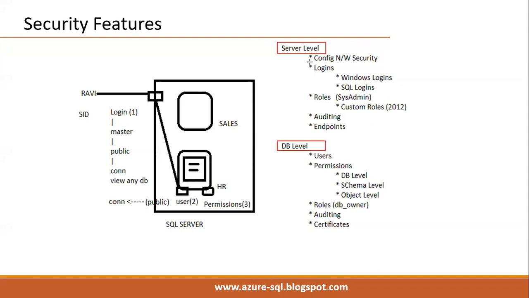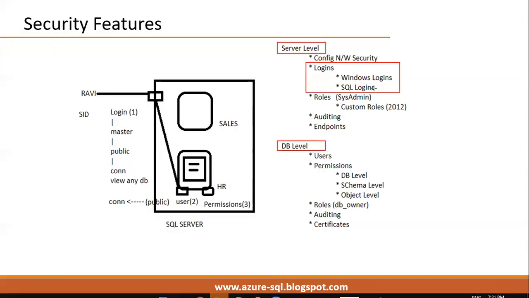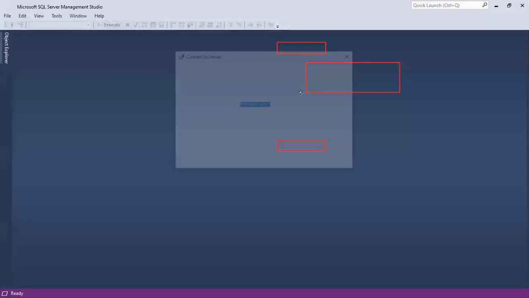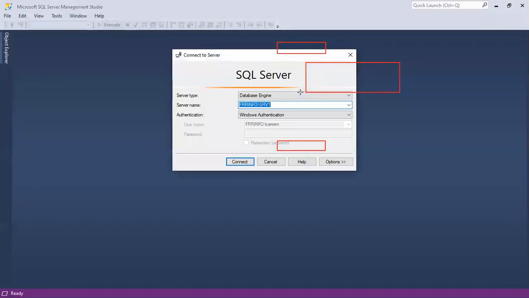Then we have to work with logins. Basically, we have two types of logins here, Windows logins and SQL logins. We'll discuss them in detail. Till now, we have connected to SQL Server using Windows logins.